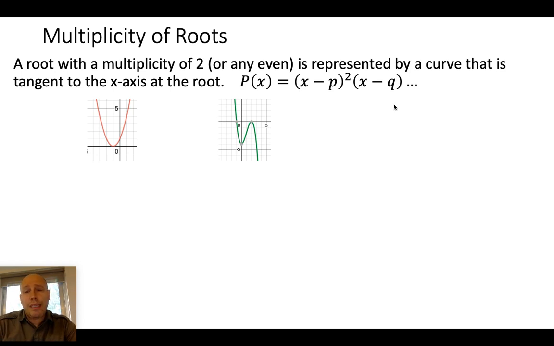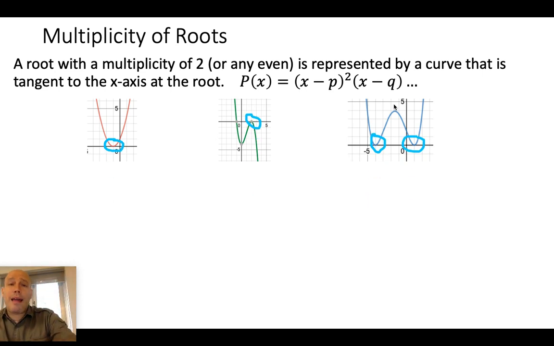We see here we have a cubic with a double root, and we have a quartic with 2 double roots. The parabola here touches the x-axis just tangent, so that's a double root. The cubic has 3 roots: 1 double root and 1 single. And this quartic has 4 roots. Or maybe it's a polynomial with an even power, with a double root or a quadruple root.